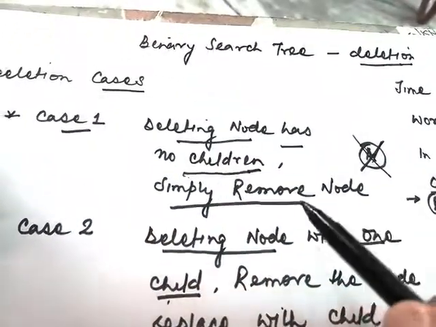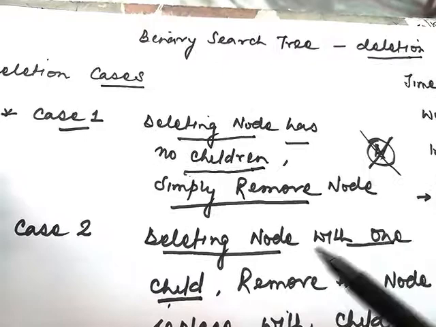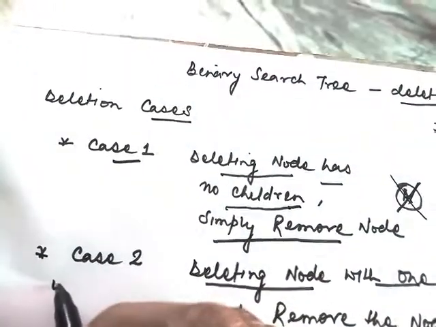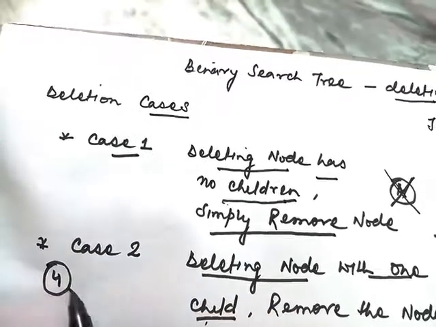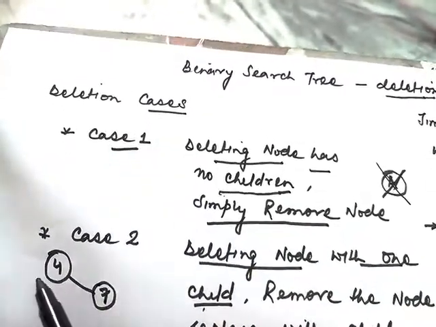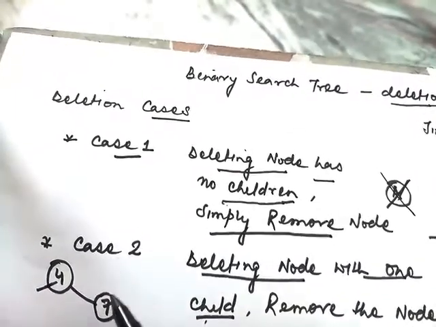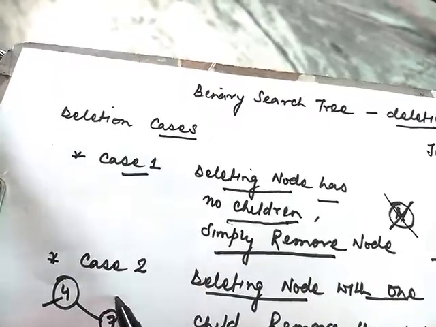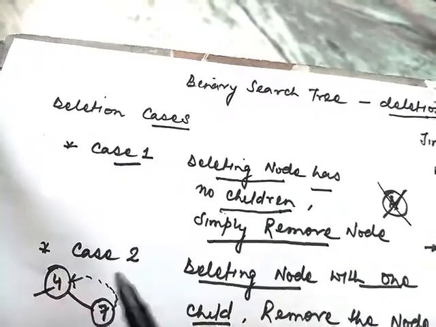Second part is, suppose that we want to delete a node with one child. Now one child means, just assume that we have a number called 4 and it has a right child that is called 7, and suppose we have to remove this node that is 4. What should we do? We simply copy this child node over here.